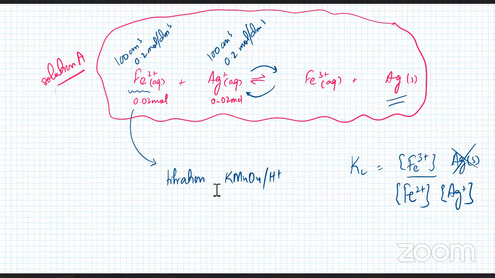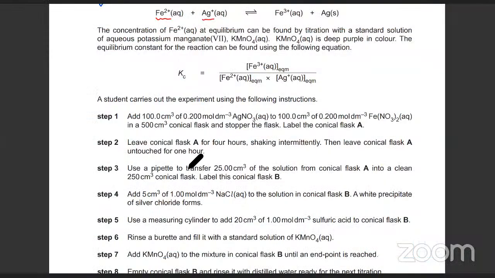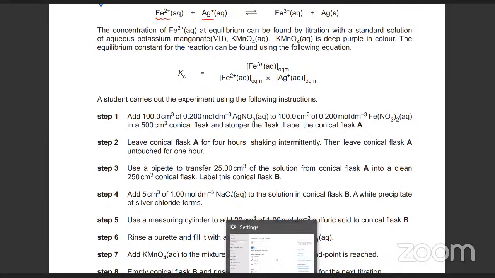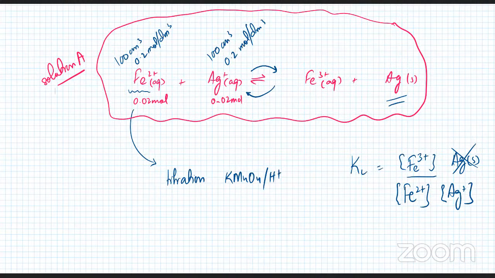And after that, using a pipette, he transfers 25 cm³ of the solution from the conical flask A into a clean 250 cm³ conical flask and labels this conical flask B. So he transfers this solution, and this is probably for titration.